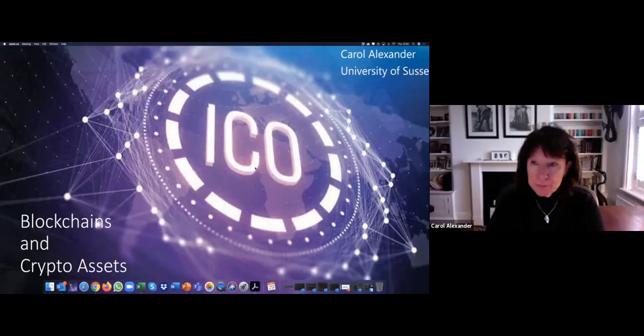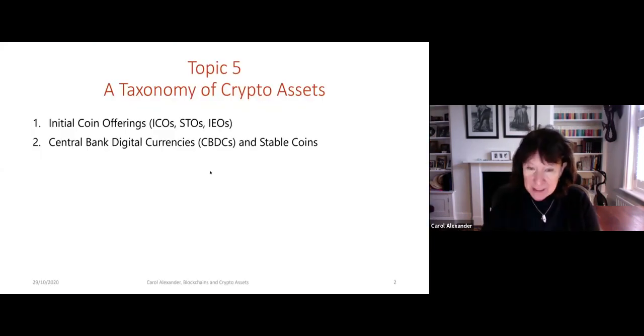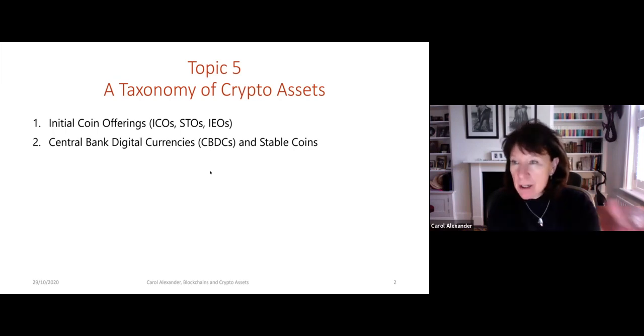The plan is to do this topic 5. Let me show you the lecture notes on ICOs, initial coin offerings, and various other crypto assets, a taxonomy of all the different types of crypto assets. Initial coin offerings is a broad term.